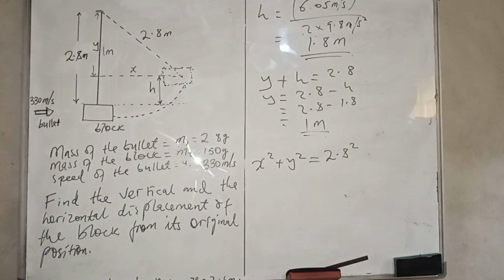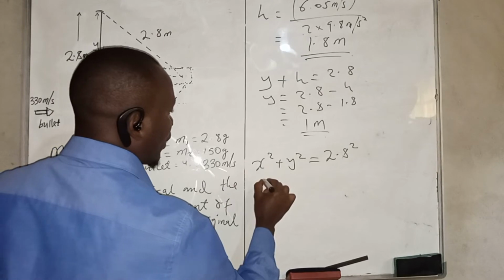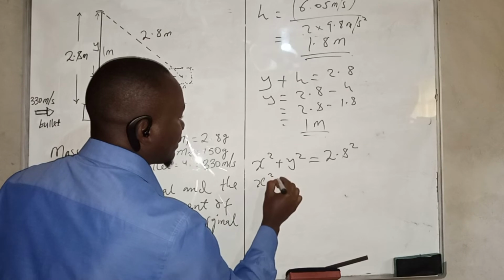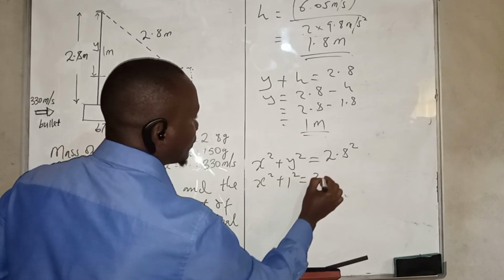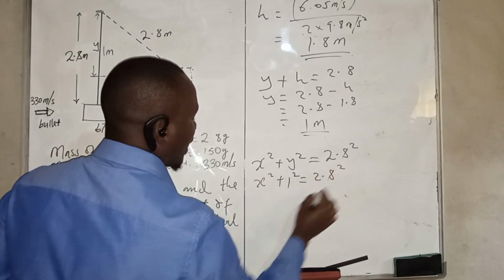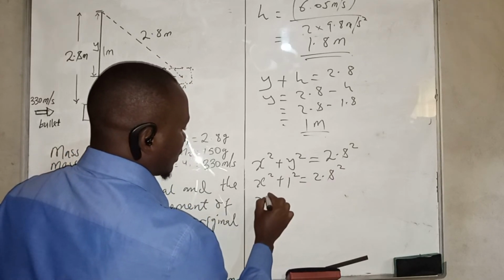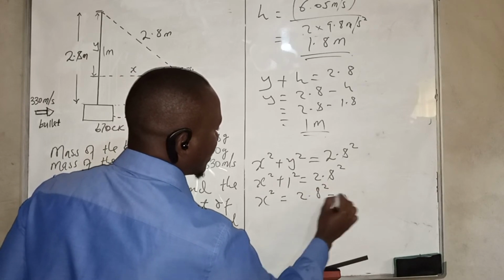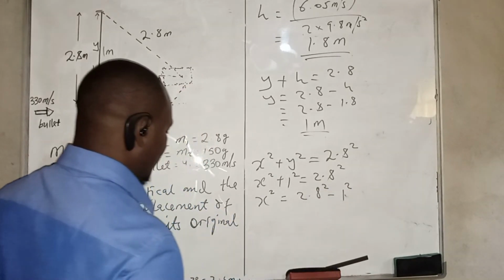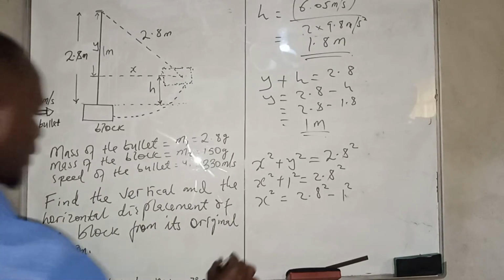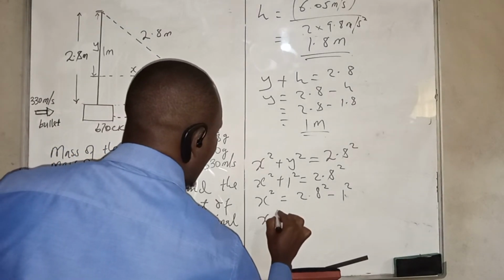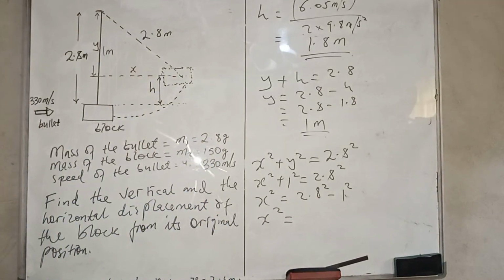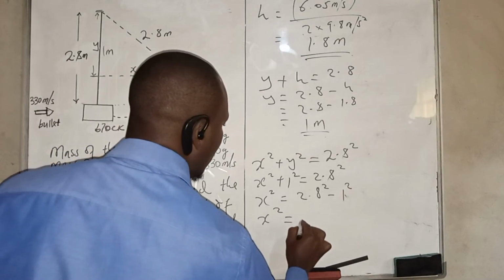We know that y is 1 meter. So we have x squared plus 1 squared is equal to 2.8 squared. So we can take this across, so we have x squared is equal to 2.8 squared minus 1 squared.